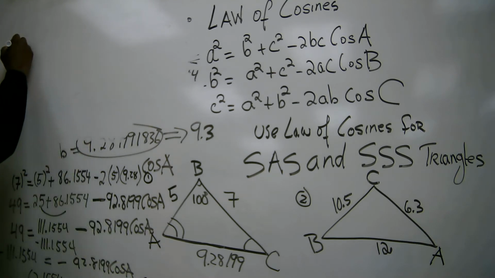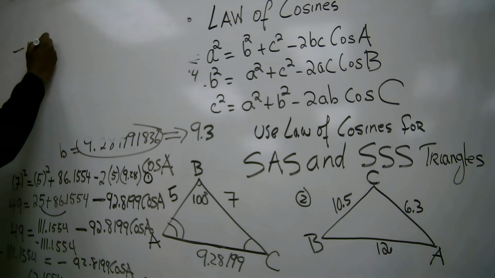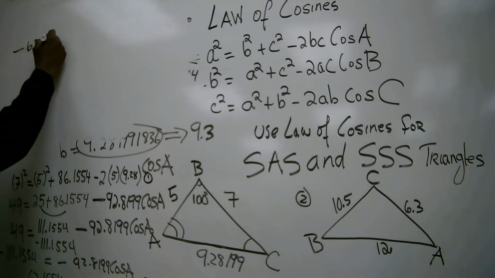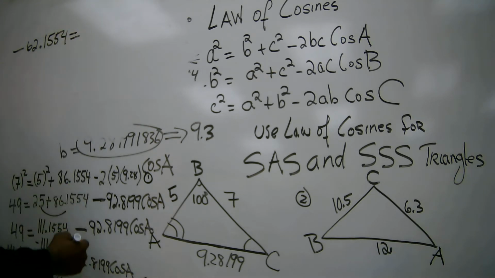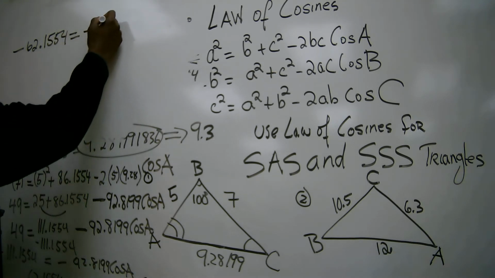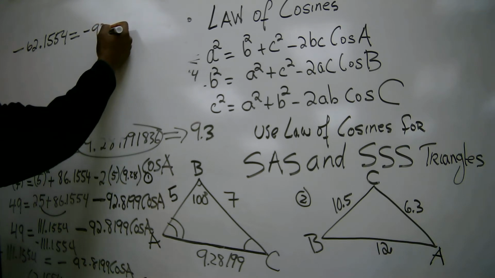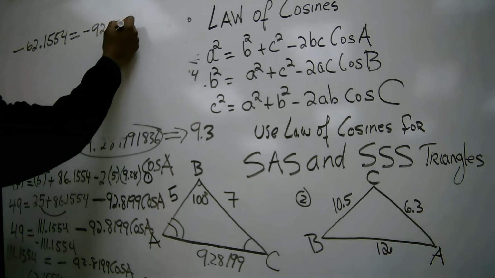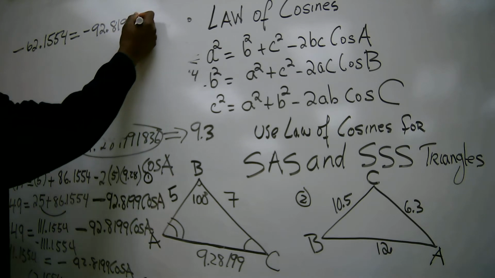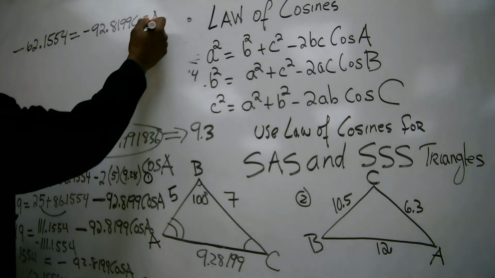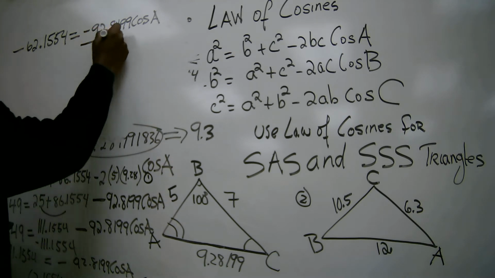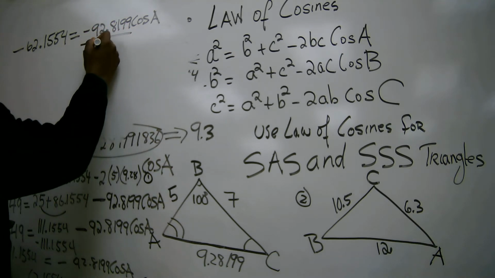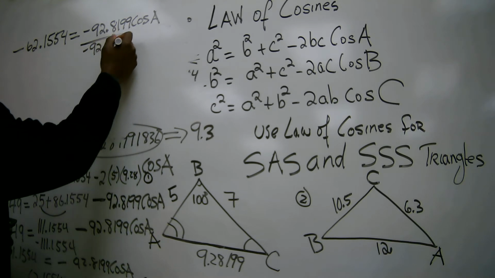So this is going to be negative 62.1554 is equal to negative 92.8199 cos A. In order to get cos A by itself, I move that number to the other side, negative 92.8199.